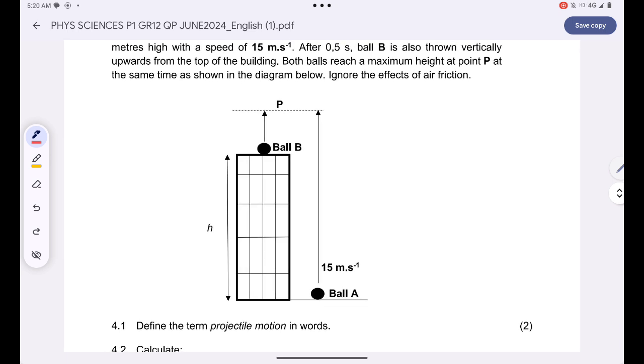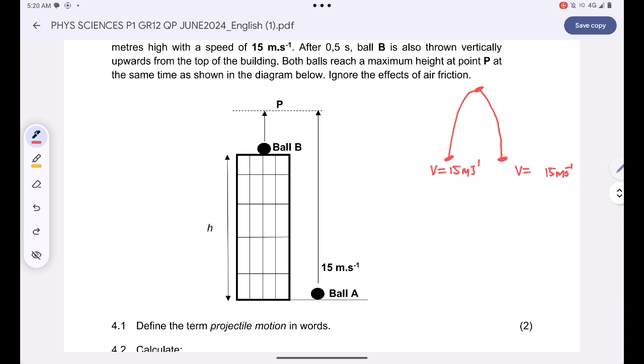Okay, so the motion for ball A will simply move like this. From the ground, it will go to maximum height and then come back to the ground. According to time symmetry, if the speed of the ball is 15 meters per second over there, when the ball returns to the same position, the speed is also 15 meters per second.